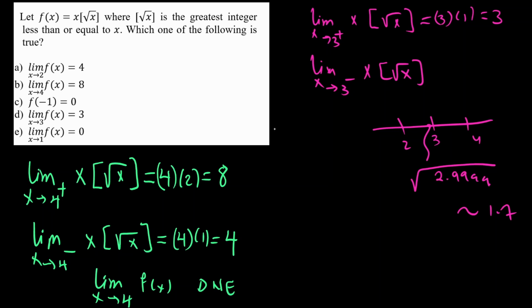It's not a number that is very close to the two bounding integers. So this is between 1 and 2. It's somewhere there. Alright, and we will pick up the very first integer to its left, and the answer to that will be 1. So as x approaches 3, this is 3, and that is going to be 1, and the answer to that is 3, and so therefore the limit from the left is equal to the limit from the right, and the limit is equal to 3 in this case, and therefore D is the correct answer.